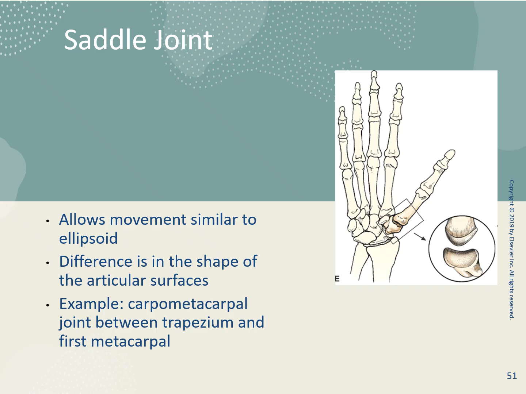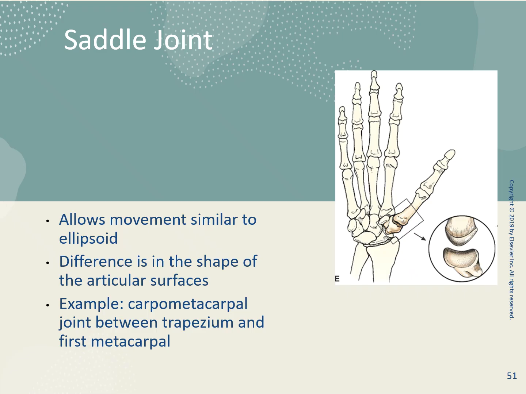Okay. So our saddle joint allows movement similar to the ellipsoid. The difference is in the shape of the articular surfaces. Can you guess what the shape looks like? Yeah, they both look like saddles. Now, the easy thing to remember about the saddle joint is you only have two of them in the entire human body.